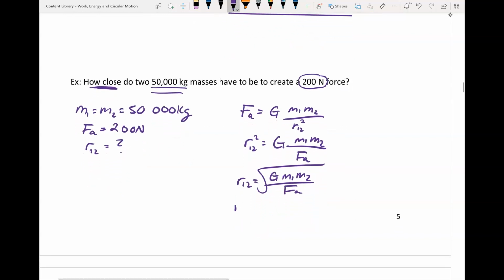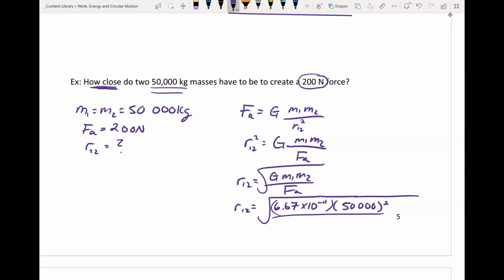So we're just going to put in our information then and solve. G is 6.67 times 10 to the power of negative 11. Mass 1 is 50,000 kilograms, and we're going to have the same thing for mass 2, so I'm just going to write this squared all over FA, which is 200. Our final answer is going to be 0.029 meters.